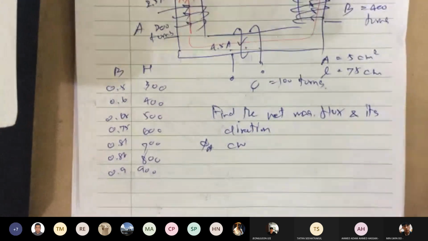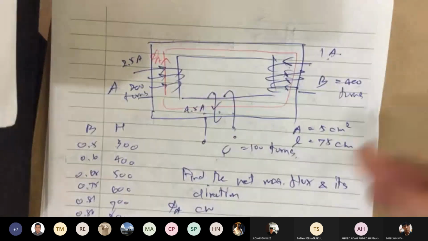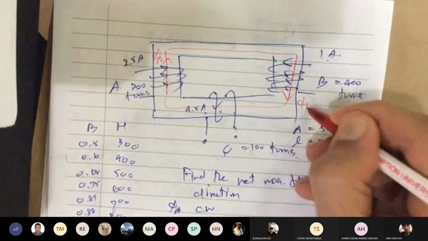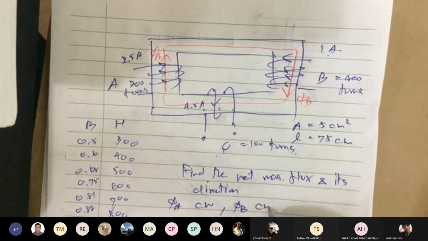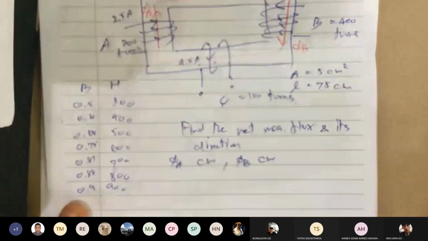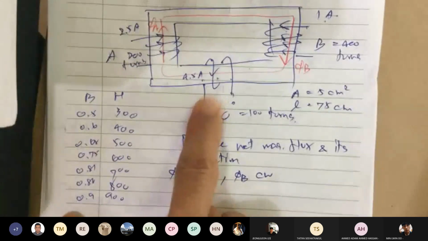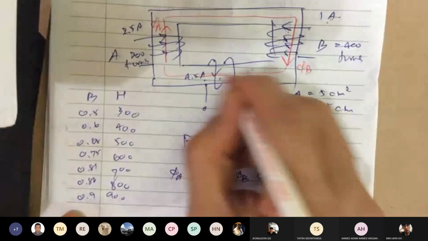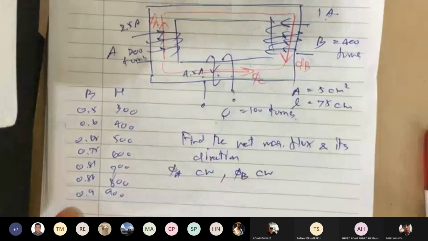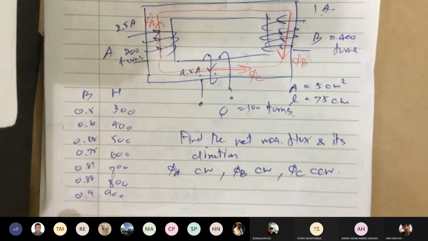Okay, phi B again. So phi B would be the same direction, also CW direction. Okay, phi C going down, so towards the right. So the last one from coil C is going to be counterclockwise.